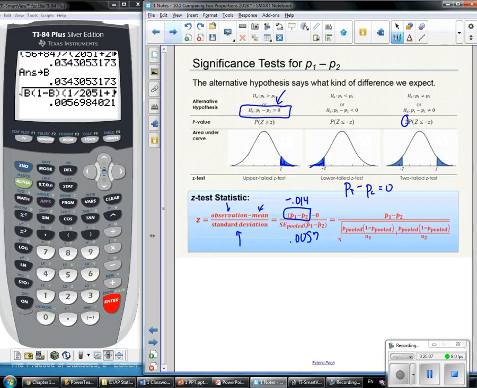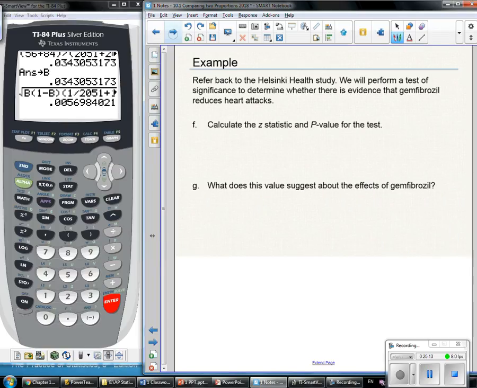And so if I divide those two numbers, I'm going to get the z test statistic for my test. So let's actually go ahead and do that. So z is simply going to be that negative 0.014 minus the 0. That's what I'm claiming is true about my mean, that there is no difference between these two proportions, divided by 0.0057. And again, this is what I called variable A. This is what I called variable B. So if I do this calculation, I don't actually have to subtract the 0.